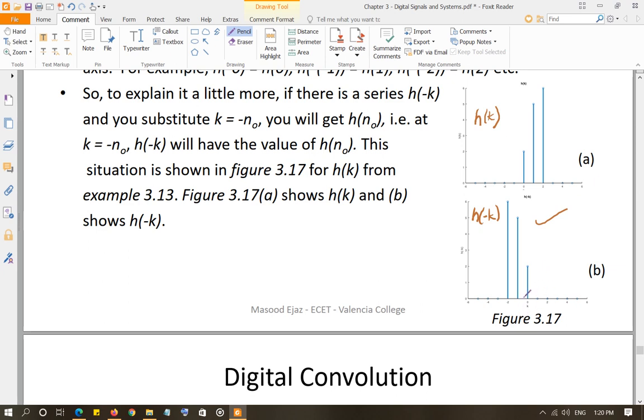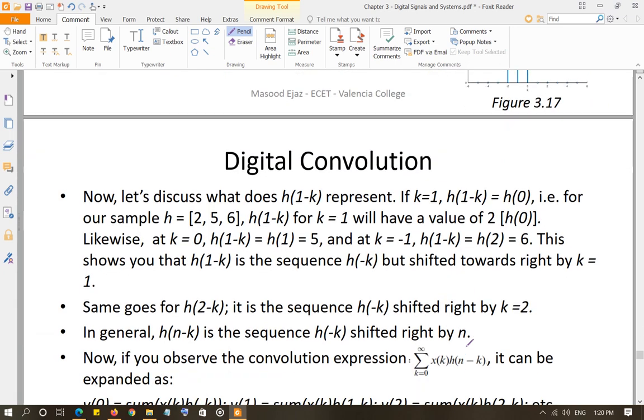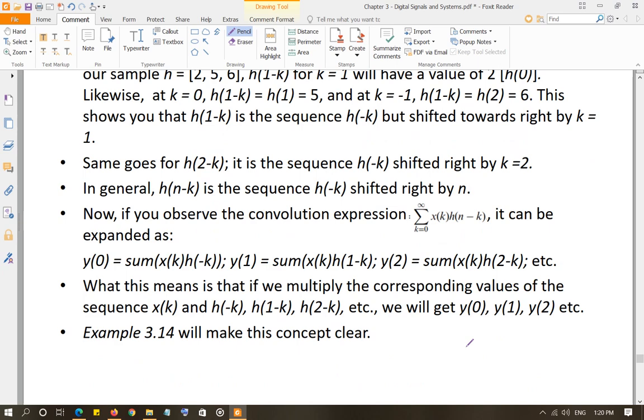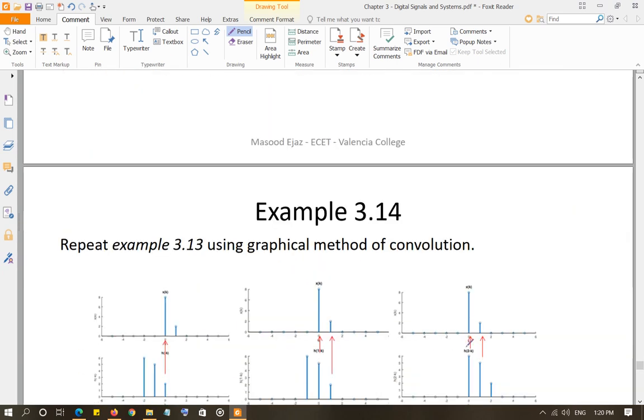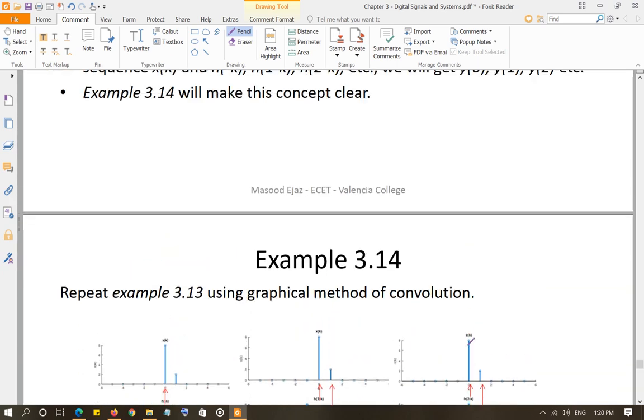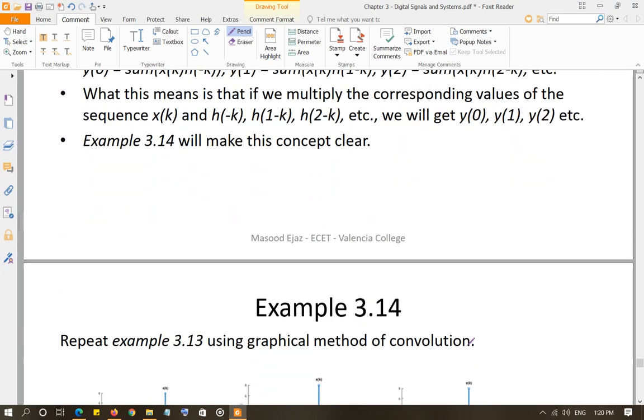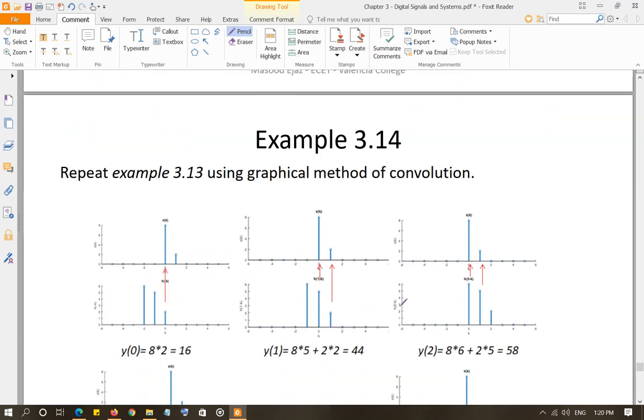Whatever you see at negative 1 is going to be at k is equal to 0, and whatever you see at negative 2 is going to be at k is equal to negative 1, or n is equal to negative 1, whatever you want to call it. So when this sequence is shifted towards the right once, that's going to create h of 1 minus k. If it is shifted twice, it's going to create h of 2 minus k, and so on and so forth. So look at this example.